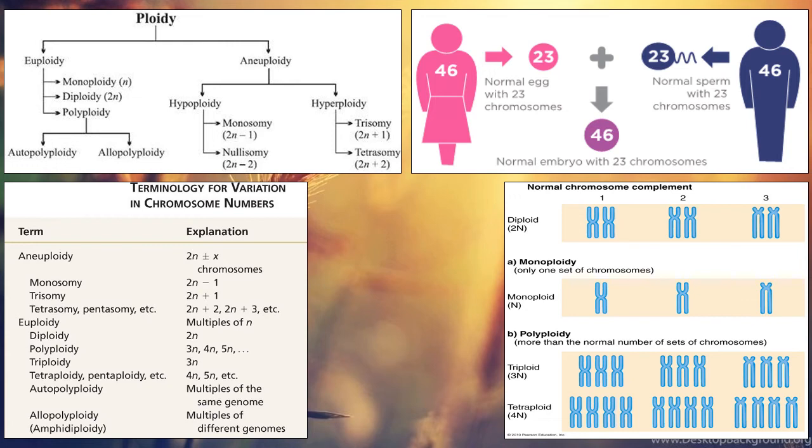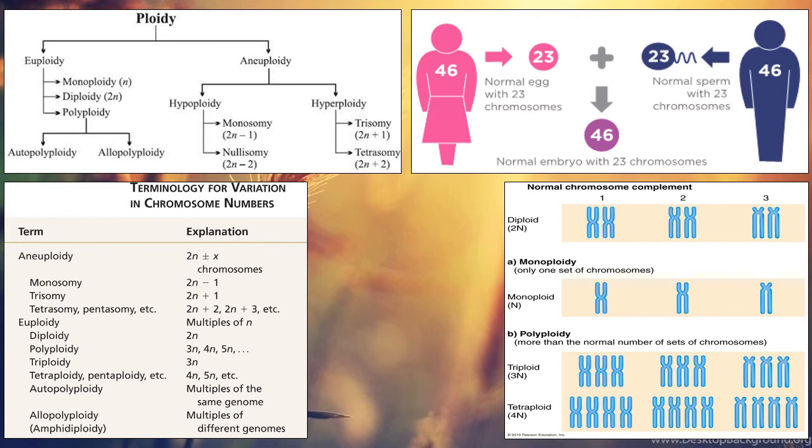And if we describe aneuploidy, there is an addition or loss of one or more chromosomes to a haploid genome. So, for euploidy, we are talking about a diploid organism, that means the entire organism, and for aneuploidy, we are talking about the haploid genome.